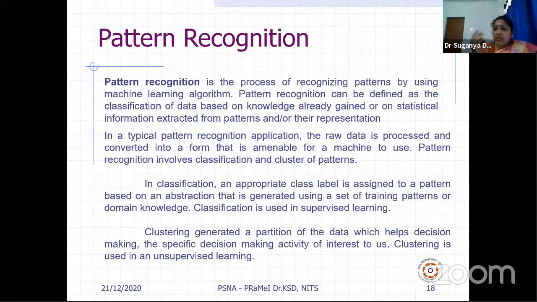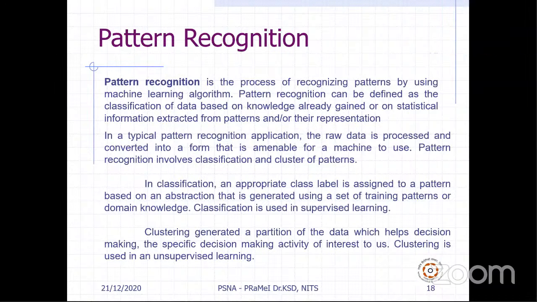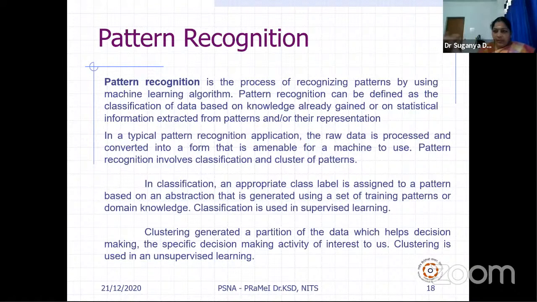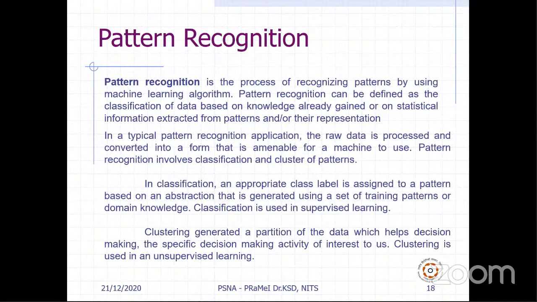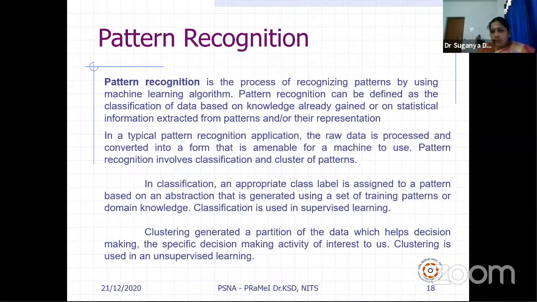But in clustering, I give all the things, and from that I have to identify which are similar. For example, I give you a mixture of colors, and you don't know the color names. Obviously, you will segregate the same colors, say red, green, and blue.